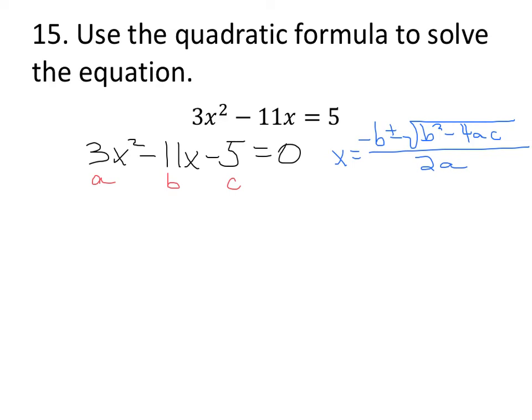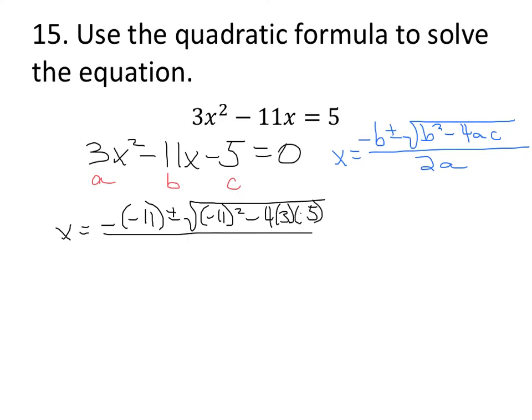So let's go ahead and plug a, b, and c into this, and we get x equals negative b, which is negative 11, plus or minus the square root of b squared, or negative 11 squared, minus 4 times a times c, all of that over 2a.